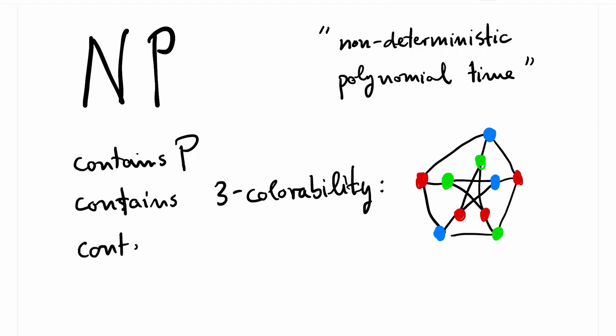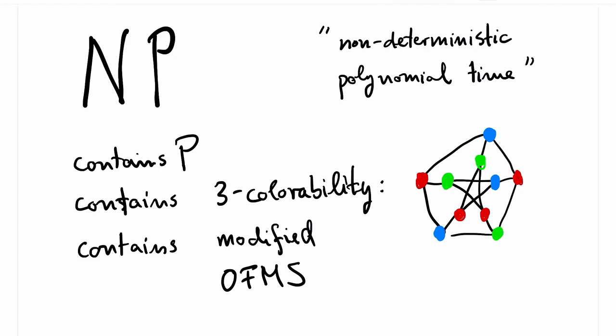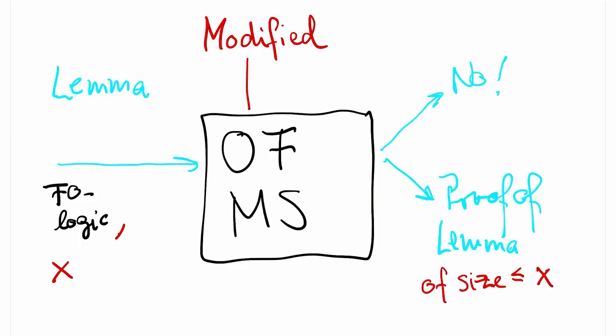Our second example is the modified oracle for math students problem. I claim it is in NP. If we are given a lemma and this number x from the modification of our problem, and we are given a proof of size at most x, then there exists a polynomial time algorithm that checks whether this is really a proof of the given lemma.